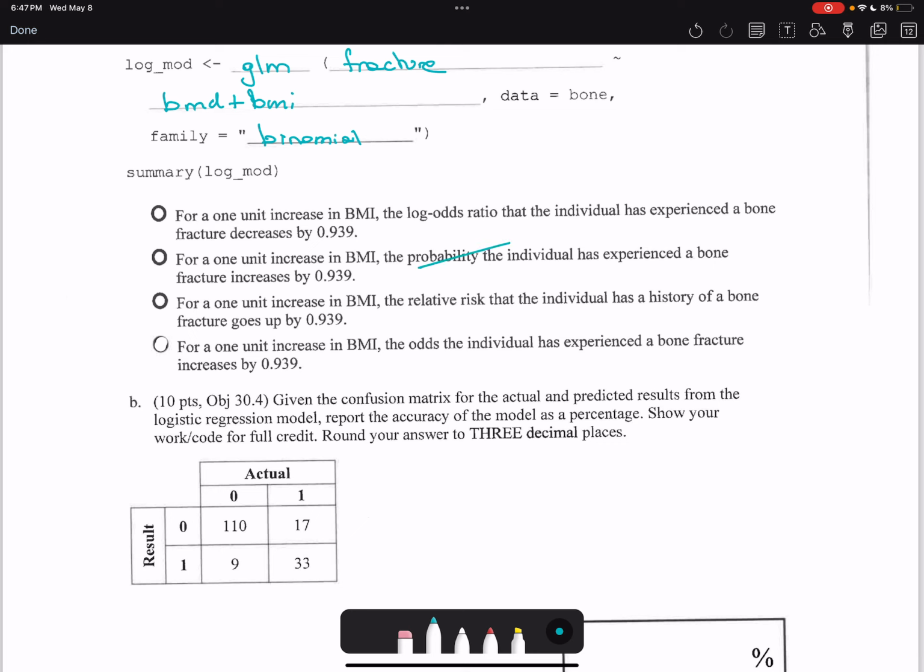For a unit increase, the relative risk that the individual has a history of a bone fracture goes up by, I'm not sure that this is the right one. For a unit increase, the odds that the individual has experienced a bone fracture increases by, it's not the odds, it's the log odds. So I think it's this one.